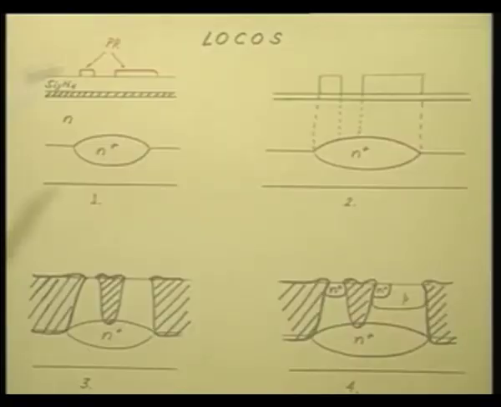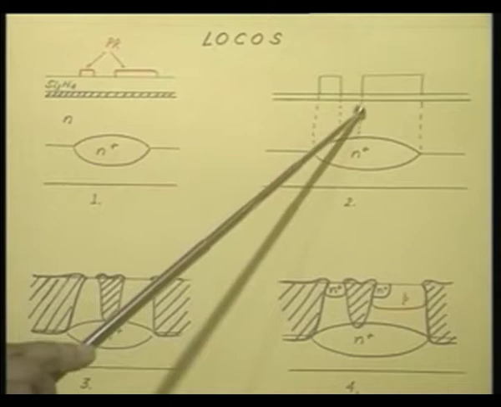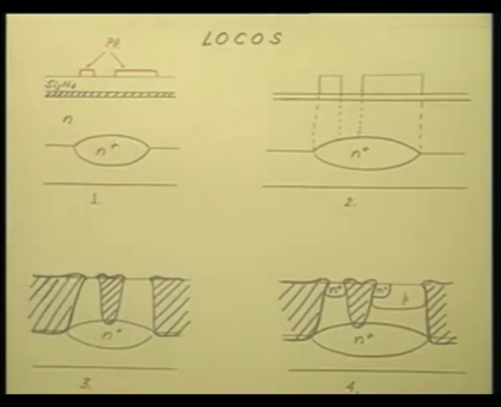So, you etch it down to a certain extent and then you subject it to oxidation, so that your calculation is such that the top of the oxide comes only up to the surface. Etching is done to realize only that much of recess, so that the top of the oxide comes only up to the surface.